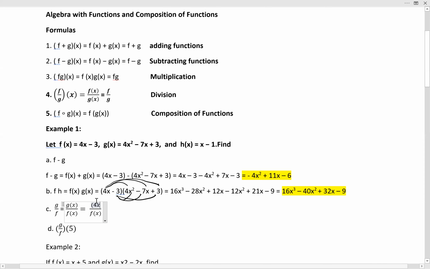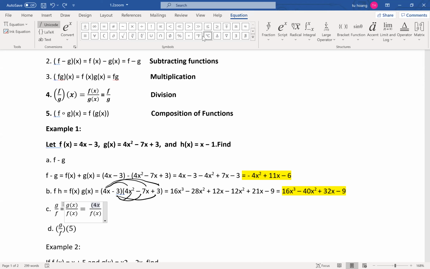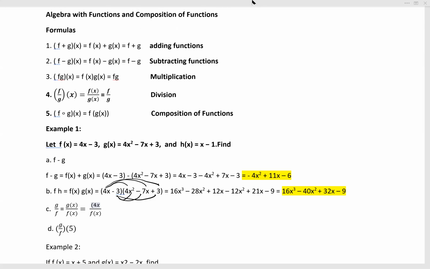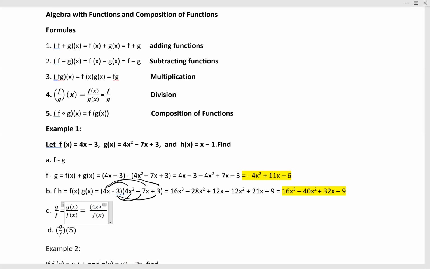Oh, I need to have the power here. This is x squared.